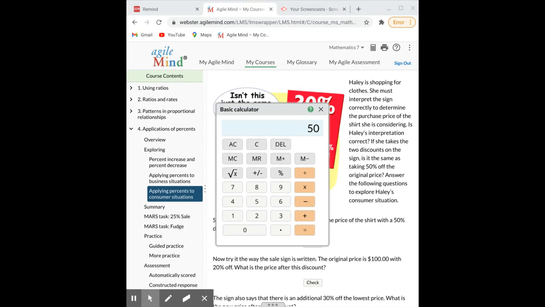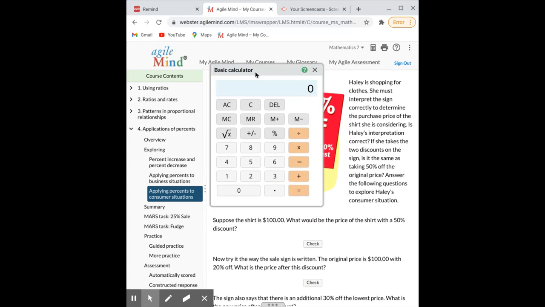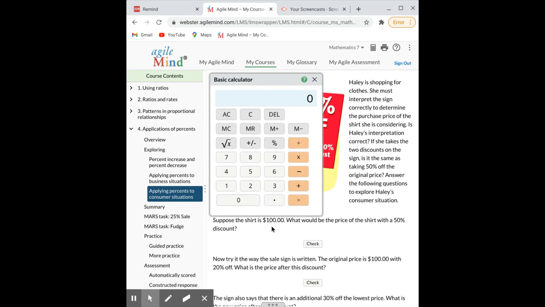Does anybody else have a different way compared to Levi and Devin? All right. I'm going to show you a different way because I think it's easier. We know that the shirt's $100. And it said, what would be the price of the shirt with a 50% discount? Discount is telling us to subtract. So all I need to do is 100 minus 50%.